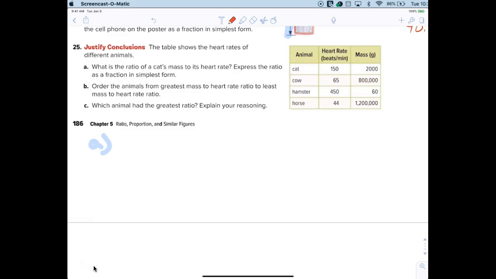What is the ratio of the cat's mass to its heart rate? Connor, tell me the mass. What is the mass? 2,000. Thank you, sir. And what is the heart rate? 150 what? Beats per minute. Notice how I'm writing that, please. This is important.